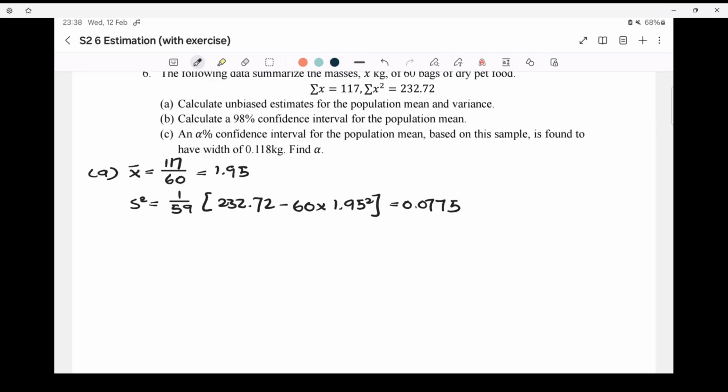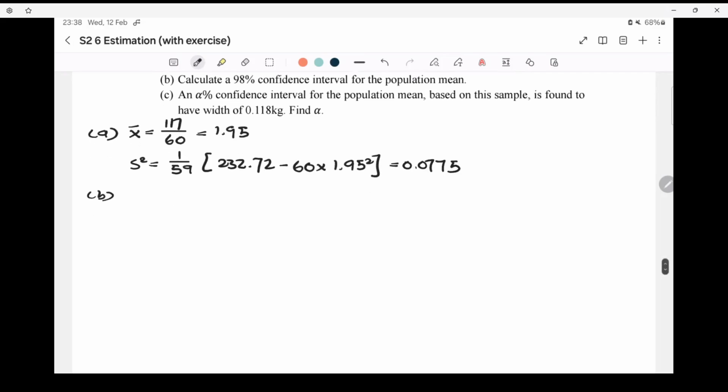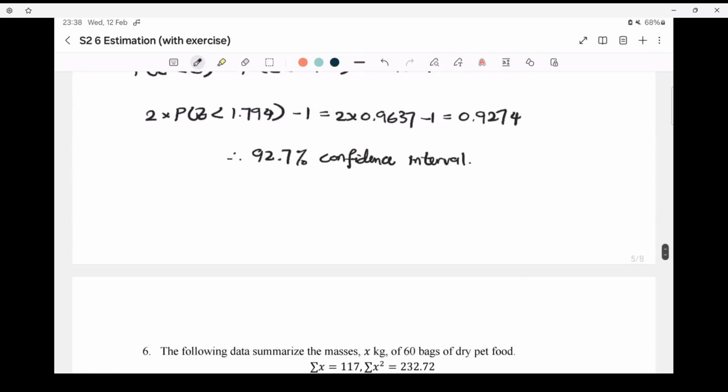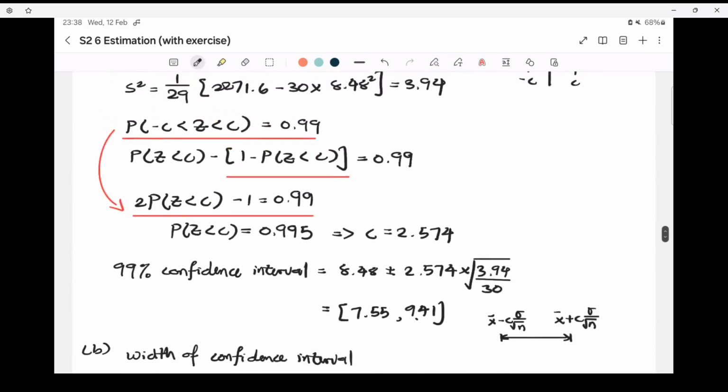So that's part A. Part B, calculate 98% confidence interval. So the same thing over here, you need to find the value of C first, but this time I already know the equation, so I can directly quote the final line, which is given by the star.